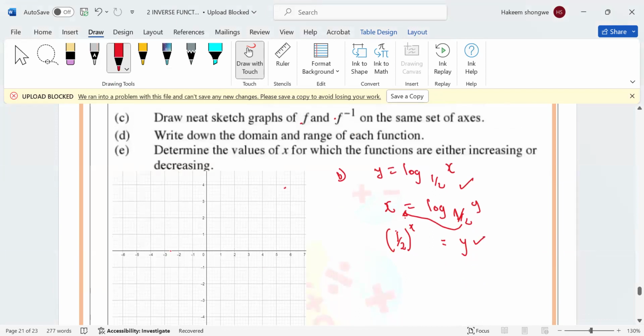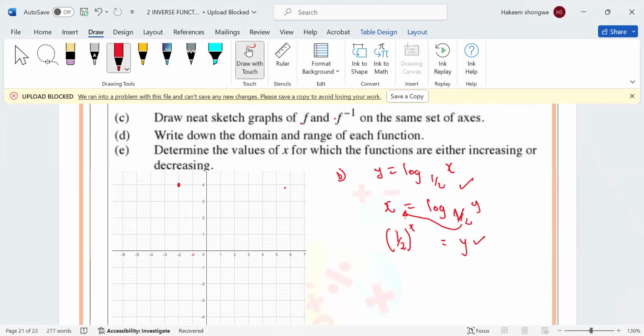So I'm going to start at negative 2. Negative 2 goes with 4. According to the graph paper that we have, it doesn't have 8. On our calculator we started at minus 3, but the graph paper doesn't have 8, so we can't force it.